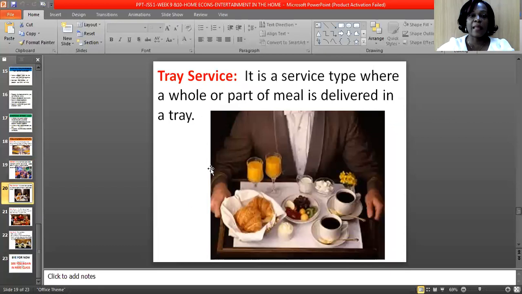Now let us look at tray service. You can see this young man carrying all the food items that you want to serve to the guest in a tray. I can see coffee, I can see bread, I can see juice. Oh, it's complete.